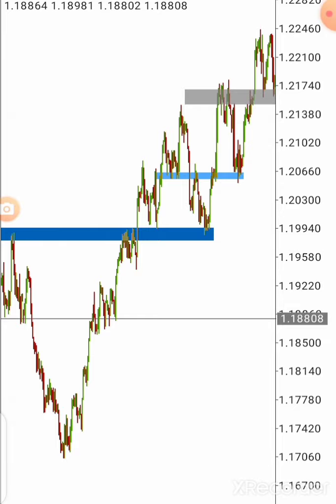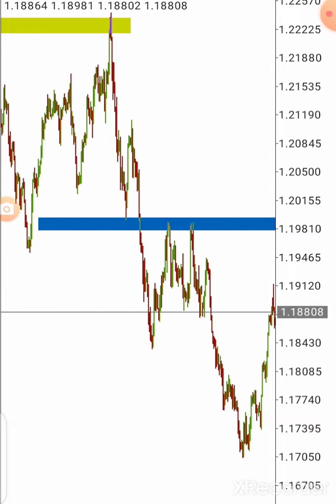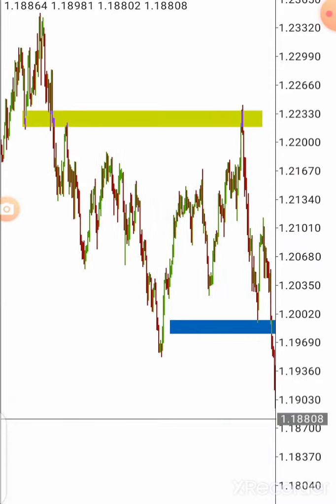So first of all, before I go into showing you examples of where we call the support and resistance zones in the forex market, as a trader, before you enter a trade, before you make the decision of buying or selling in the market, you have to first of all analyze the market.